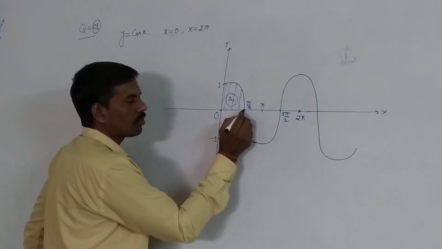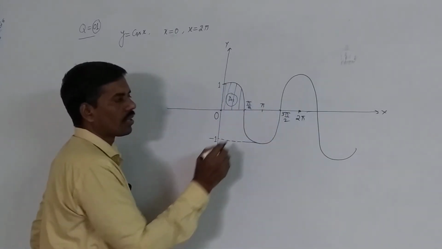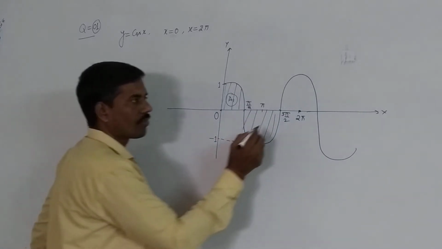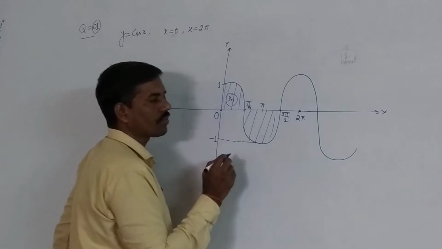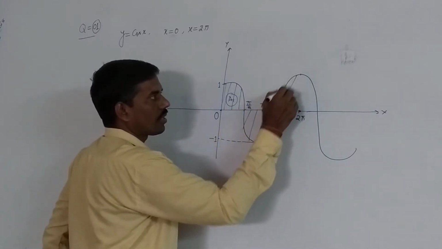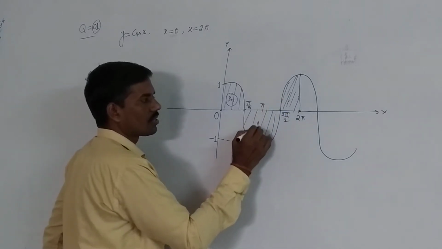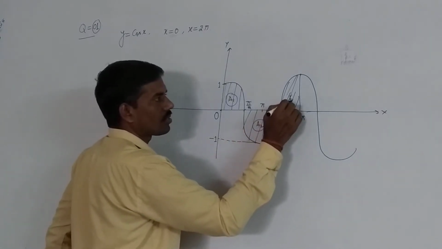From pi by 2 to 3 pi by 2 the area is below the x-axis, let this be A2, and from 3 pi by 2 to 2 pi, the third one is A3.